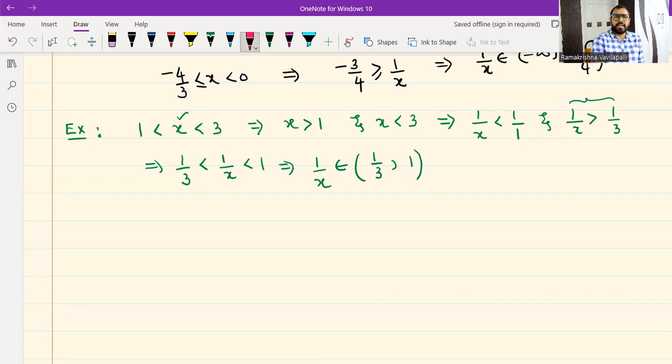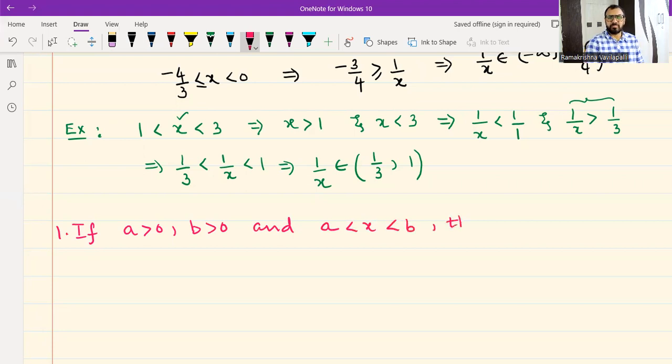So therefore, we can write that if a greater than 0, b greater than 0, and a is less than x less than b, then 1 by x lies between the reciprocal of the right hand and the reciprocal of the left hand, using the above concept.